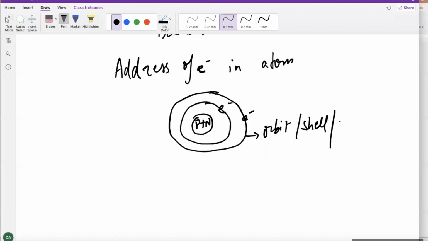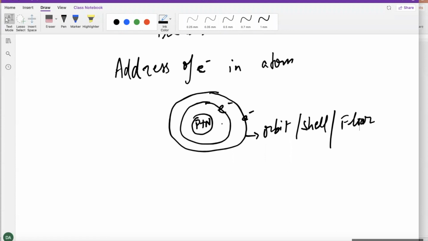I'm going to be calling these floors as well. Again, in chemistry, don't call it a floor. This is just one analogy that we're making here. The different floors can accommodate different numbers of electrons. Like the first floor can keep 2 electrons, the next floor can keep 8 electrons, and so on.